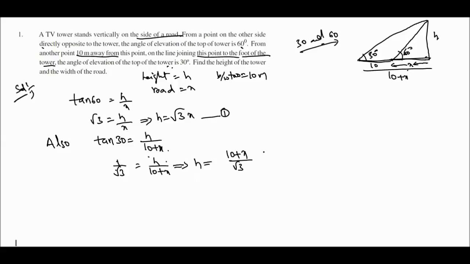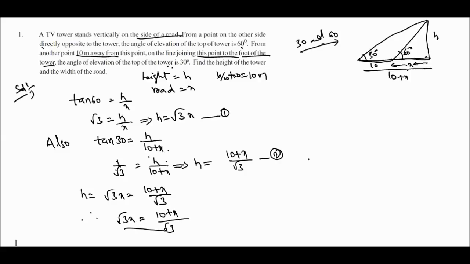This is equation 2. From 1 and 2, h is equal to root 3x, which is equal to 10 plus x divided by root 3.